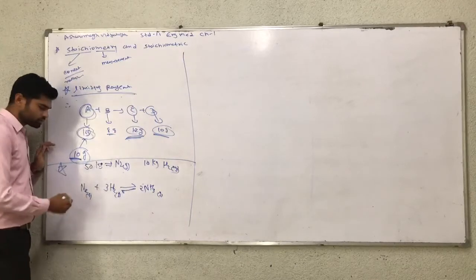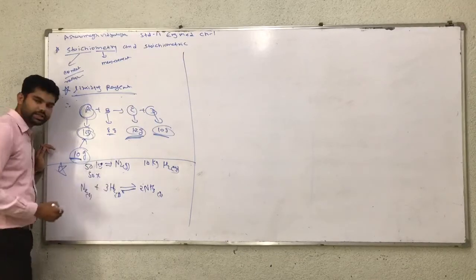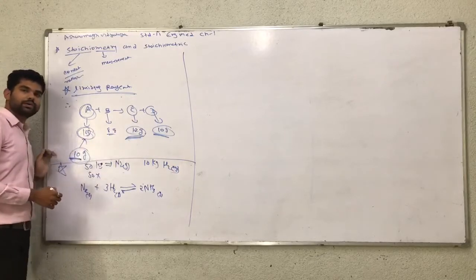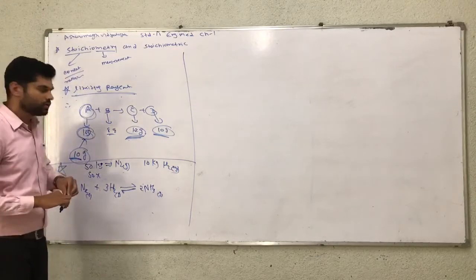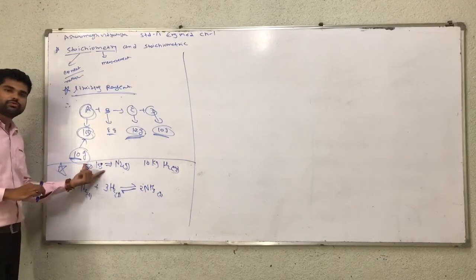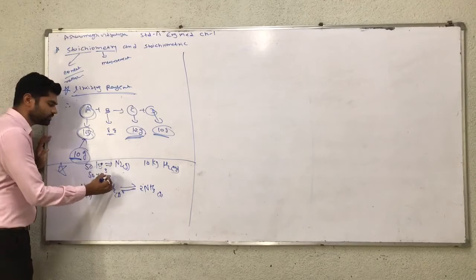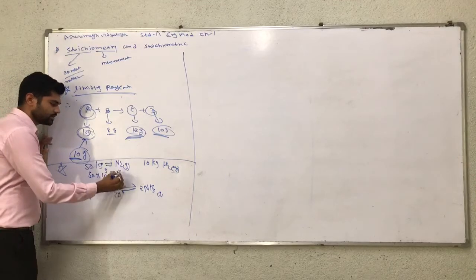So first, 50 kg. We convert it into grams, because we need molecular mass in grams. Here the mass is given in kg, so first convert kg into grams. So 50 multiplied by 10 raised to 3 grams of N2 gas.